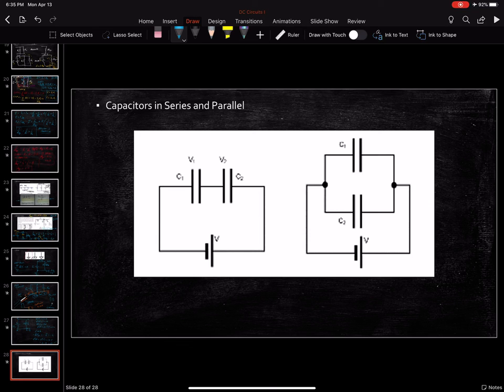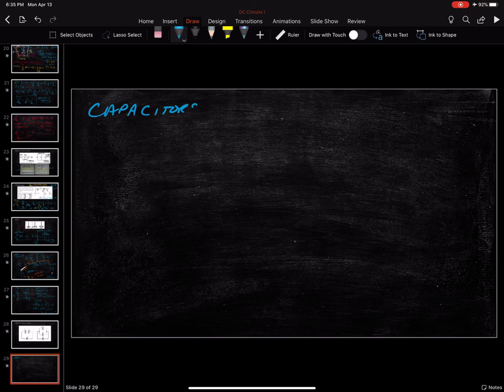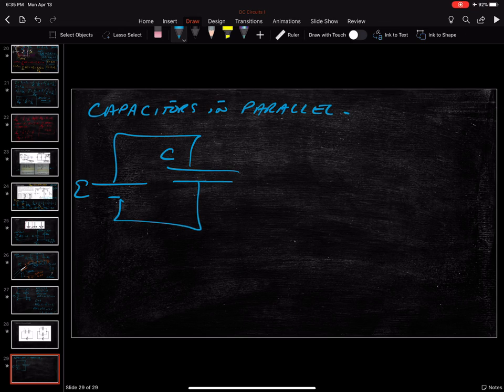And so let me take the case of capacitors. I started with series last time. Let's do parallel this time. In parallel, suppose that you've got some battery here, and you use that to charge up a capacitor, C1, but you've also got another capacitor over here, C2.